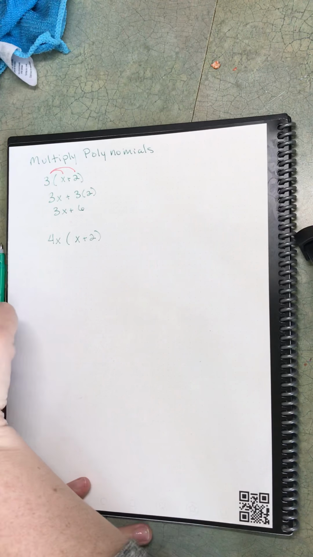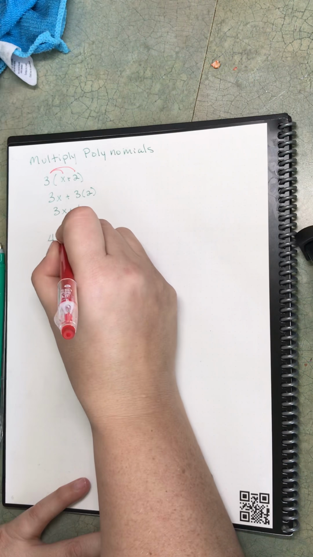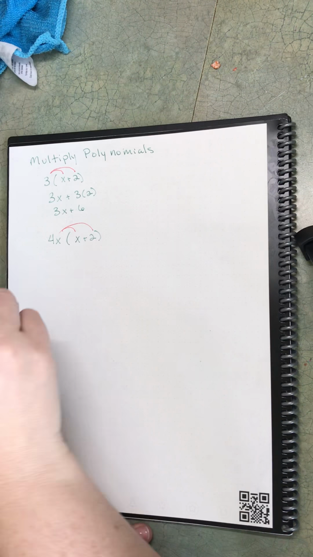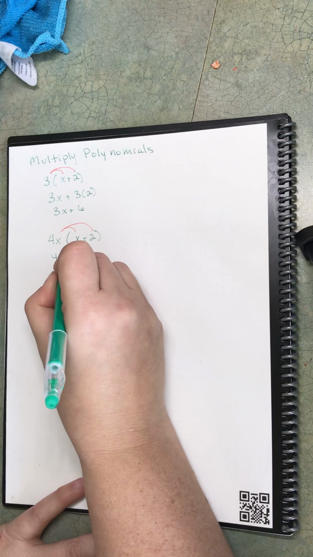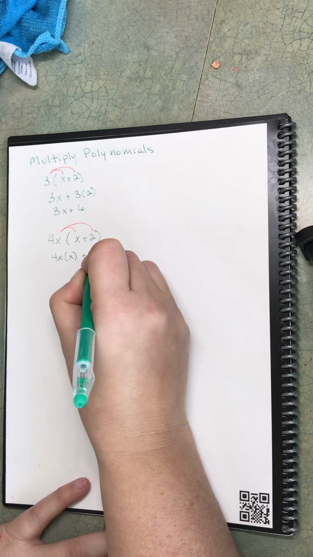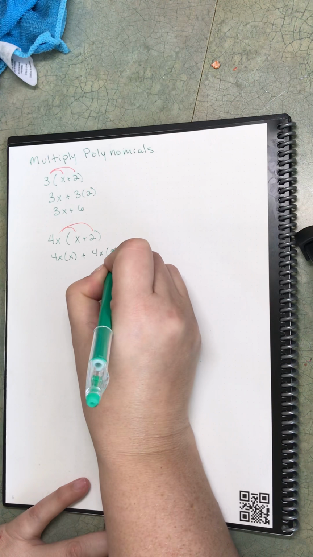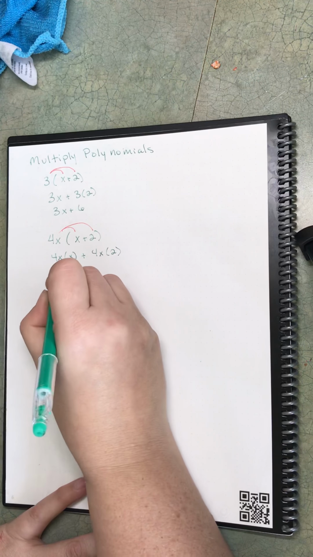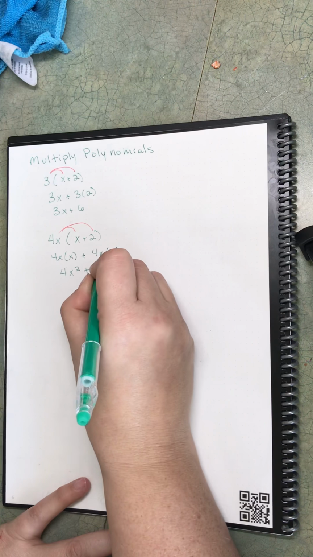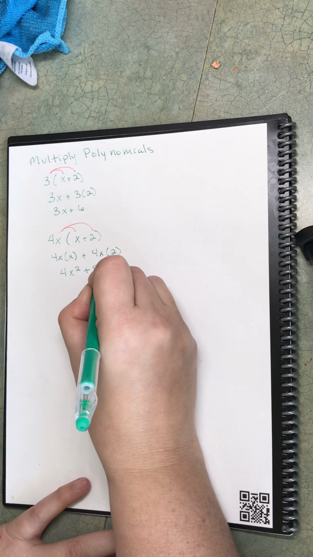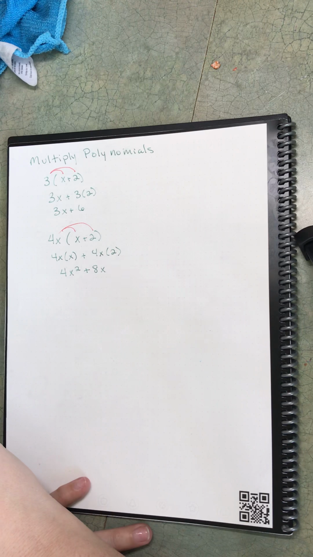Okay, so I'm still going to distribute. So now I have a 4x times x plus 4x times 2. 4x times x is 4x squared, and 4x times 2 is 8x.